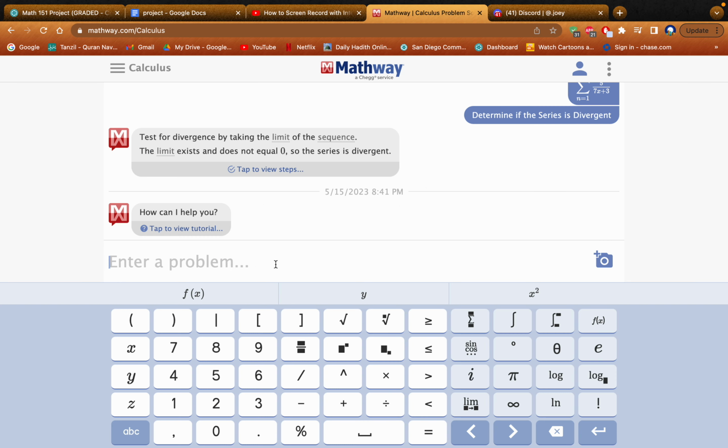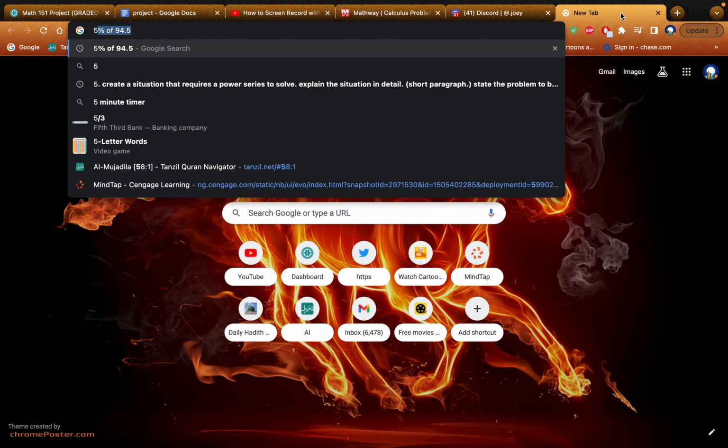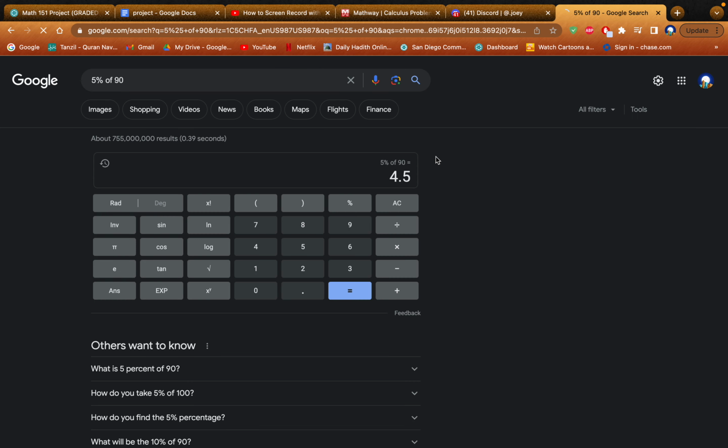Well, let's just go on to Mathway. 0.05. So 5% of 90 is 4.5.